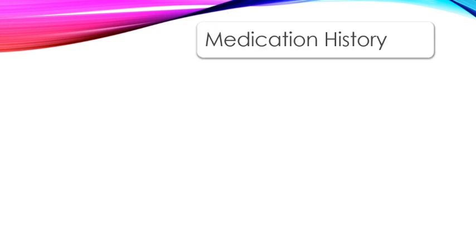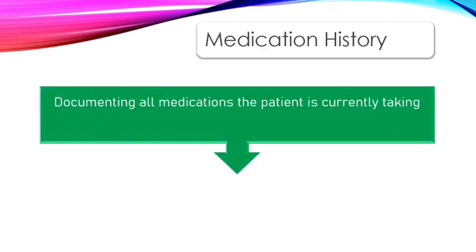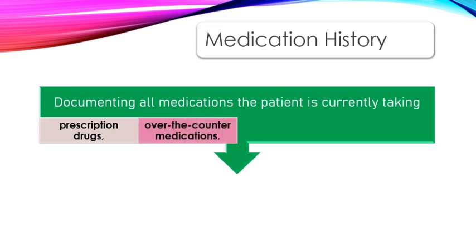The section which is labeled medication history, in this section you have to document all medications the patient is currently taking, whether they are prescription drugs. For example, if a patient is taking medications for their diabetes, for their hypertension, for any other chronic condition, any over-the-counter medications, especially in the elderly, if they are taking over-the-counter pain-relieving medications, over-the-counter antacids, these are very important.